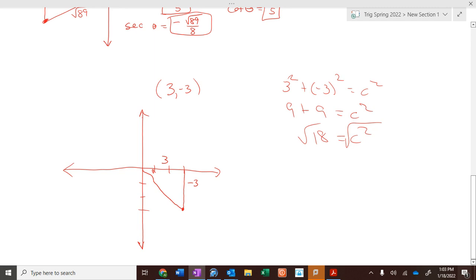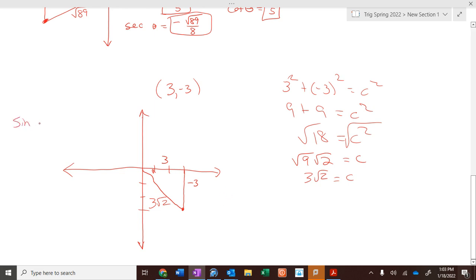Yes, you can. What's a perfect square that goes into 18 perfectly? 9 goes in there 2 times. So C equals 3 square root of 2. It's a 45, 45, 90 triangle. So it's going to be 3 square root of 2. All right.